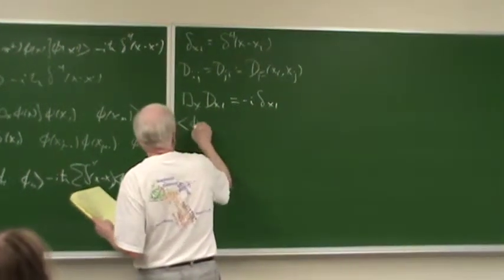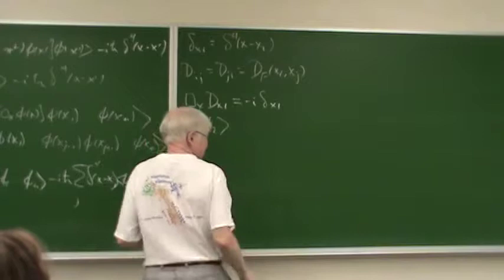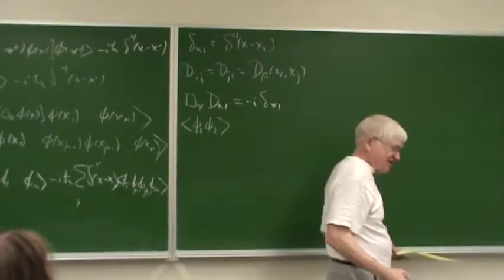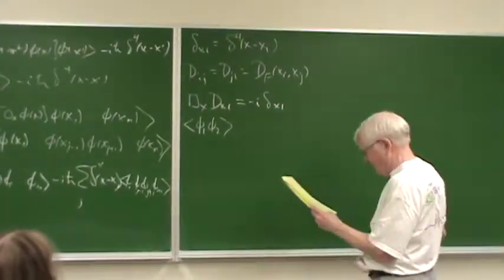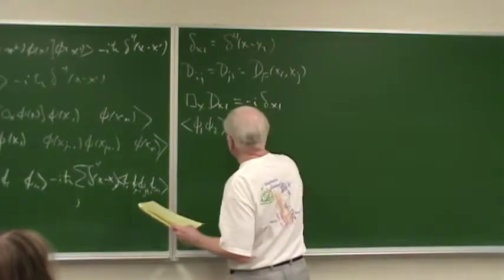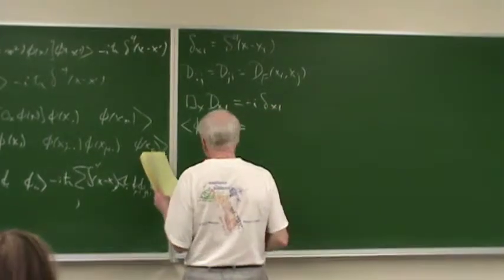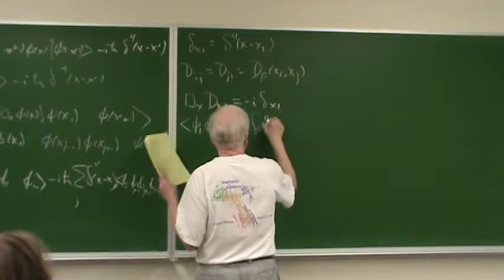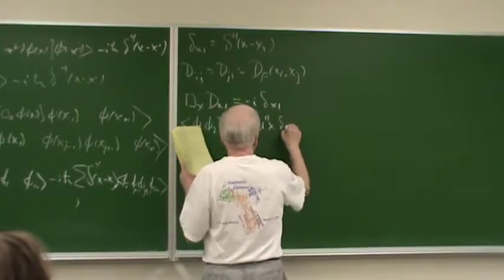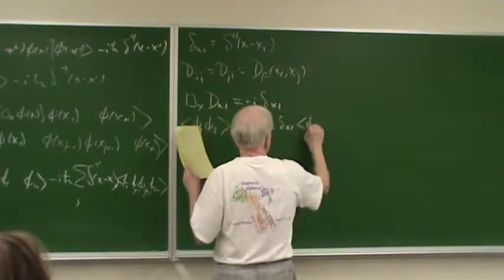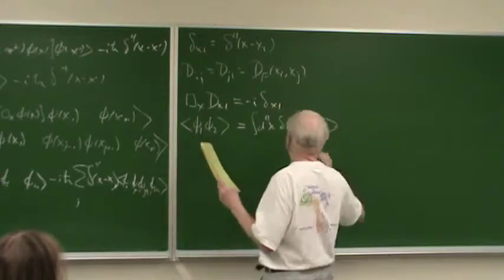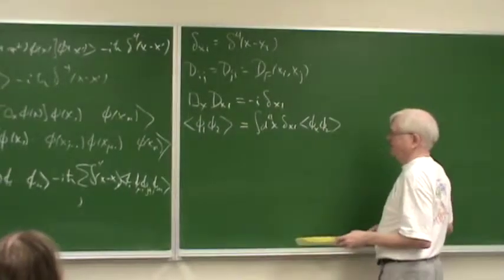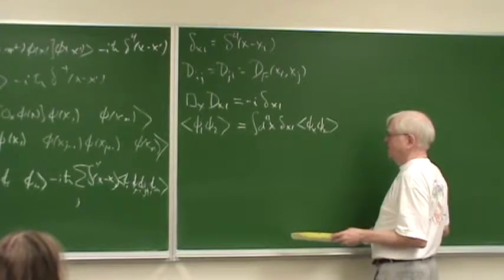All right, so now we have <phi_1 phi_2>. This, of course, means the mean value in the vacuum of the time-ordered product of phi(x_1) phi(x_2). We're going to do something weird. We're going to write this as the integral d^4x delta(x - x_1) <phi(x) phi_2>. That looks really stupid.